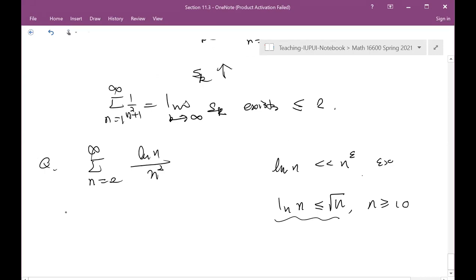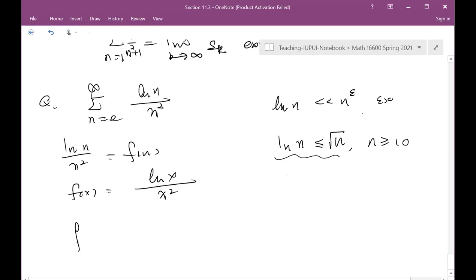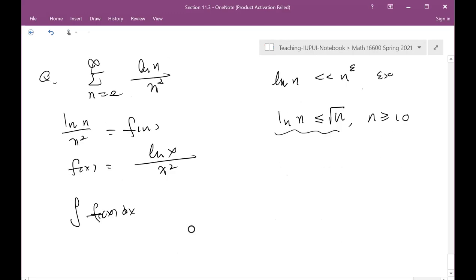So this function, natural log of n over n squared, equals f of n, and f of x is going to be natural log of x over x squared. I hope I can evaluate this integral. Otherwise, I'm not able to use the integral test. Also, I have to check whether this is positive, which is clear.